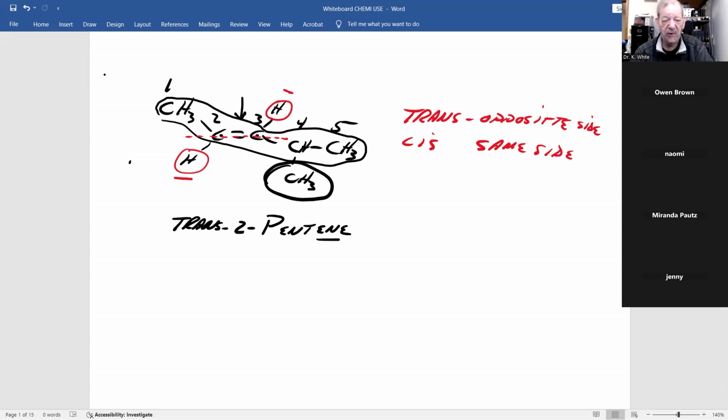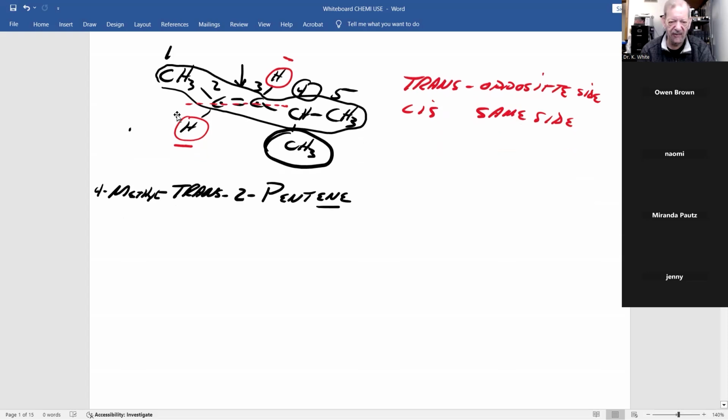Are we done yet? No, because we have our old friend, the methyl group, and therefore in front here, we have methyl. And what carbon is it on? 4. So this is 4-methyl-trans-2-pentene. Say that 5 times quickly. That's a mouthful. And that's how you do double bonds.